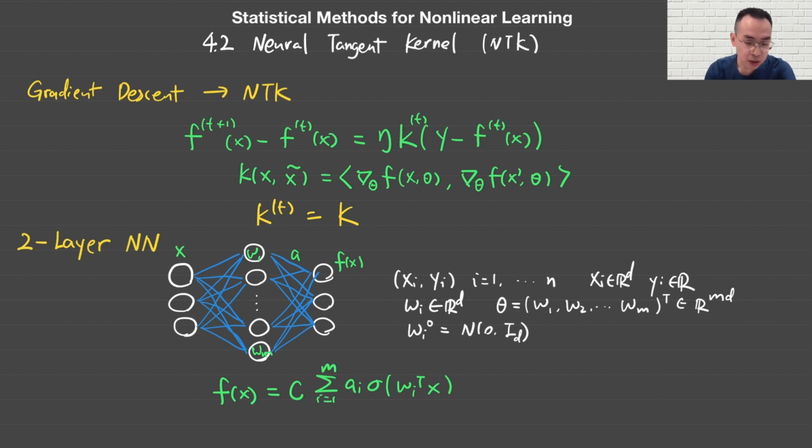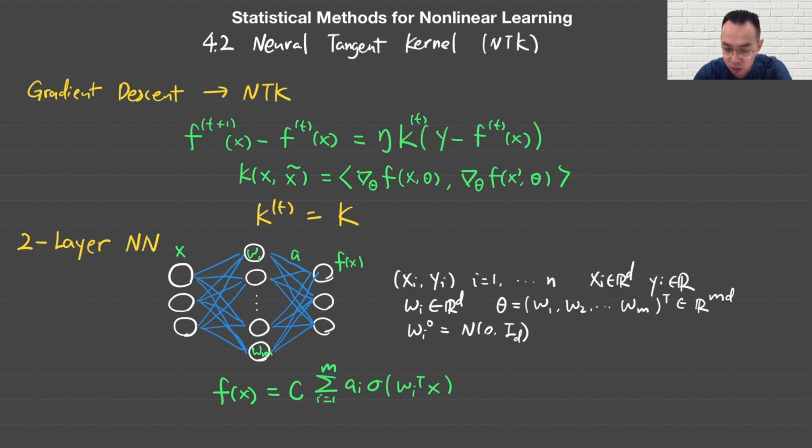Then I should specify the dimensions of the problem, where the input x is a vector in d-dimensional space. We also have this regression setup where the labels yi are real numbers. For each neuron, we have the weight vector wi, also of dimension d. In total, we have m neurons in the first layer.